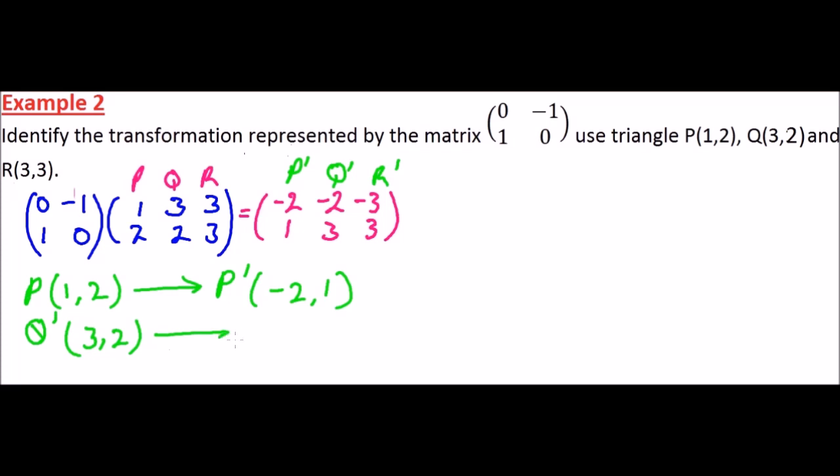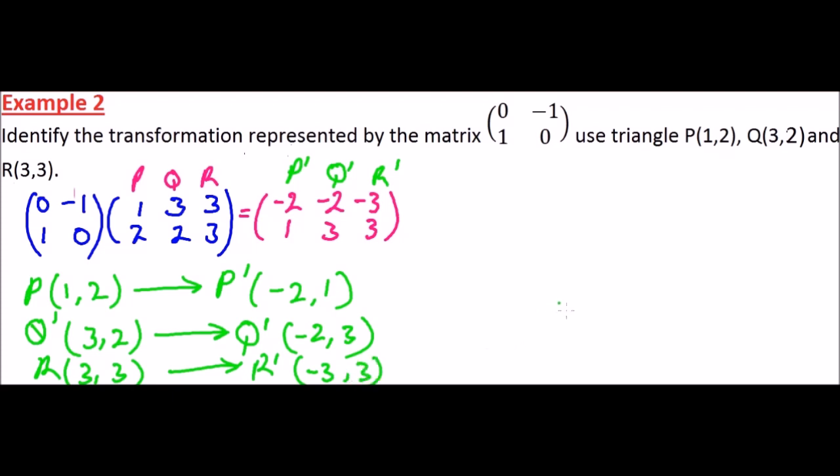After multiplying, we get the image of Q, which is now minus 2, 3. And finally, we have our R. The coordinates of R are 3, 3, as we had been given. It is transformed to the image of R, which is now minus 3, 3.